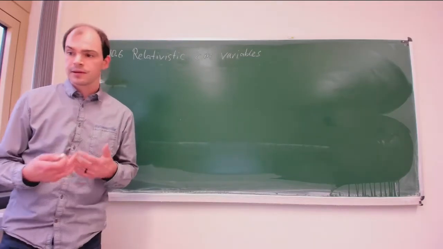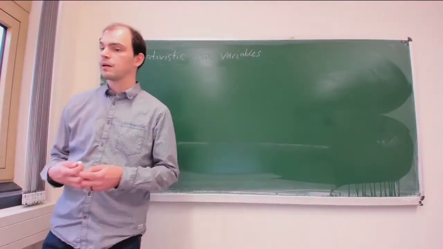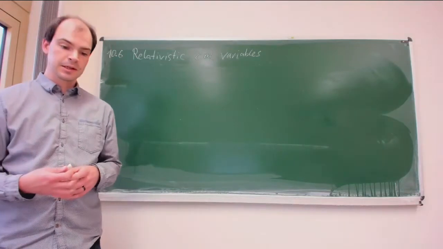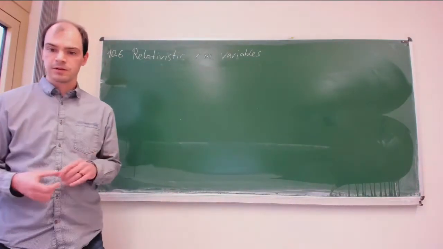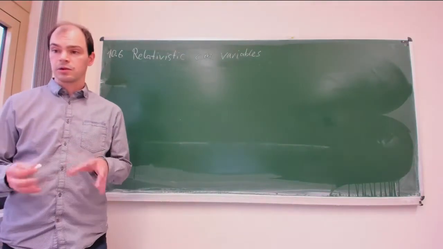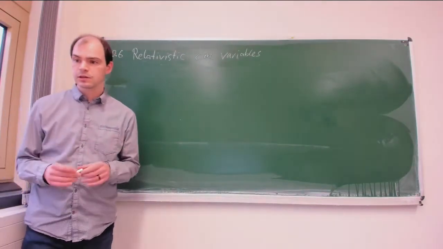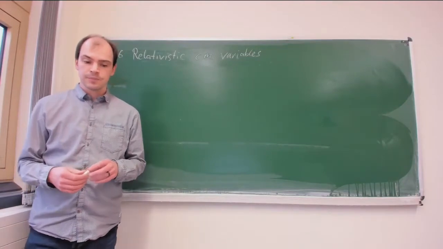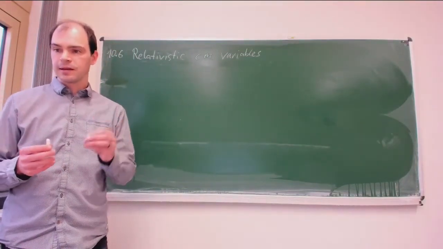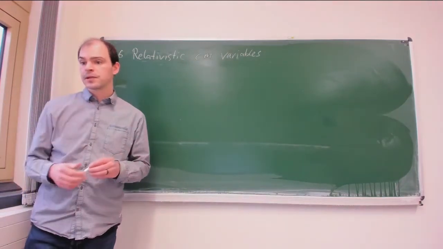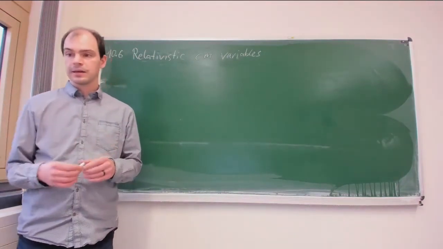The center of mass in non-relativistic mechanics has two important properties, namely that the center of mass variable with the total momentum forms a canonical pair, so they are canonically conjugate variables, and the center of mass itself moves like a Galilei invariant object.